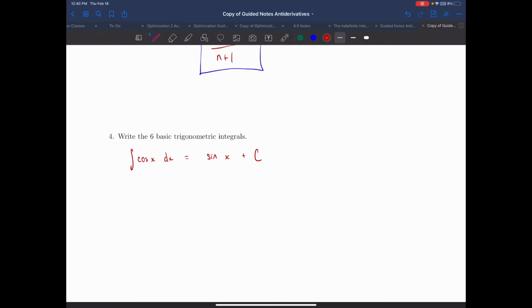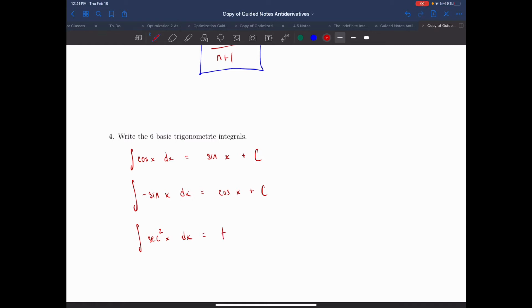Let's look at the second one. The antiderivative of negative sine x dx is going to be cosine. So we're just going backwards from the original function. Next, if we have secant squared, what would you take the derivative of to get secant squared?